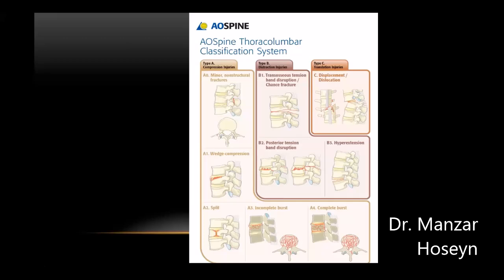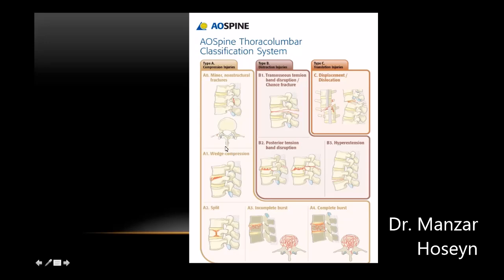But for the AO classification system, they have not only grouped them into three groups, but there are also subtypes. A fractures are all compression injuries, but compression injuries have their subtypes also. If the compression injury is causing only the fracture of a spinous process or a transverse process, these are considered minor injuries, and they are labeled as A0.